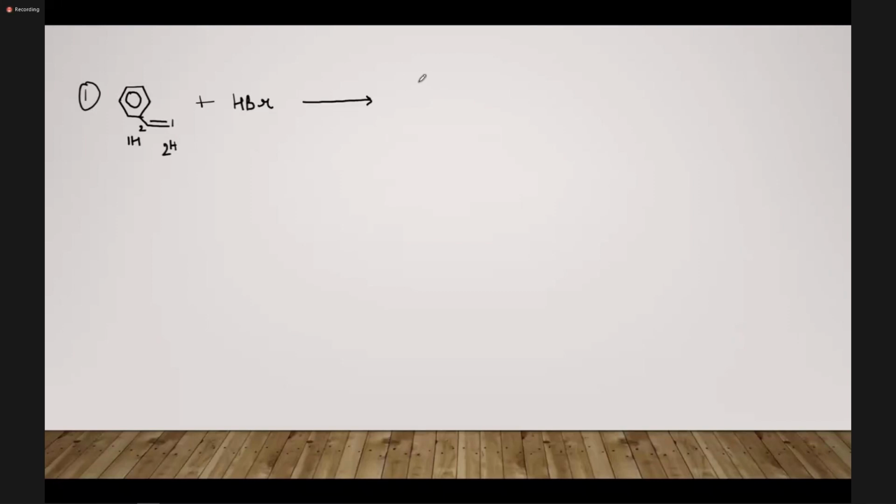So now our product will look like this is the ring, the double bond has disappeared because now unsaturation is not there. The compound has been saturated. So this is Br. So the hydrogen will get attached to the first carbon. Fine. Now the second thing is, now this one is also similar.